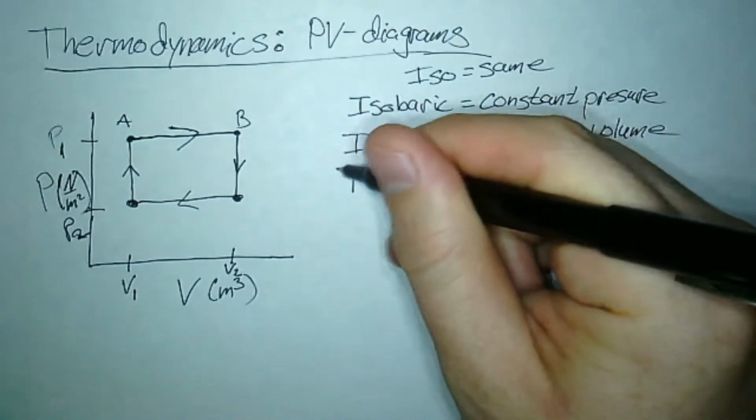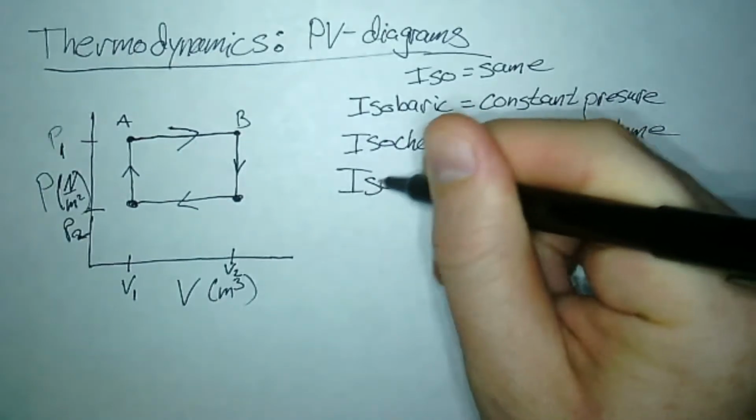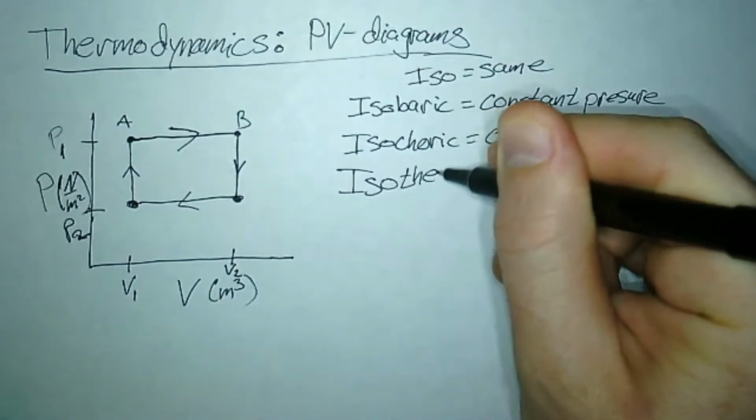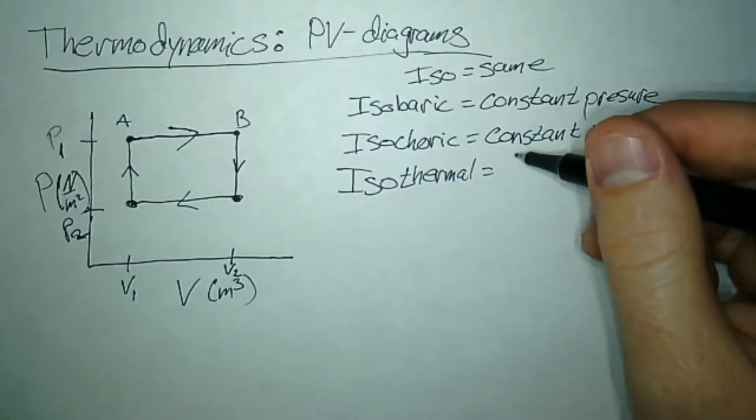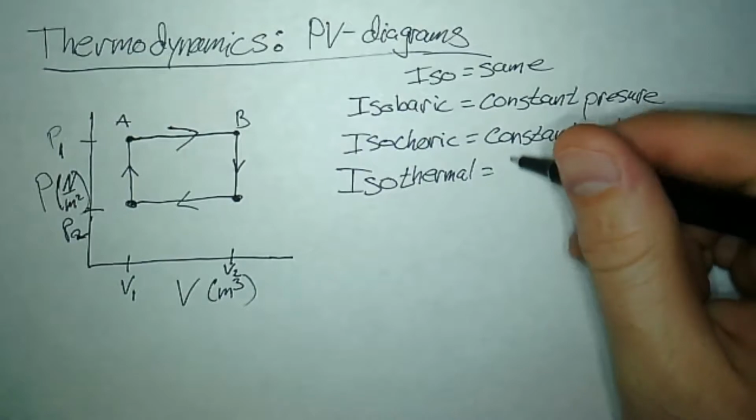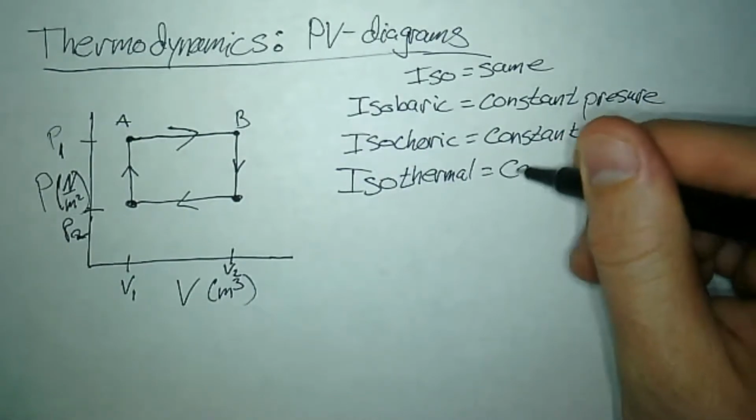Just since we're on the topic, another word that we might use sometimes is isothermal, which means, anyone guess? Bueller? Anyone? Constant temperature.